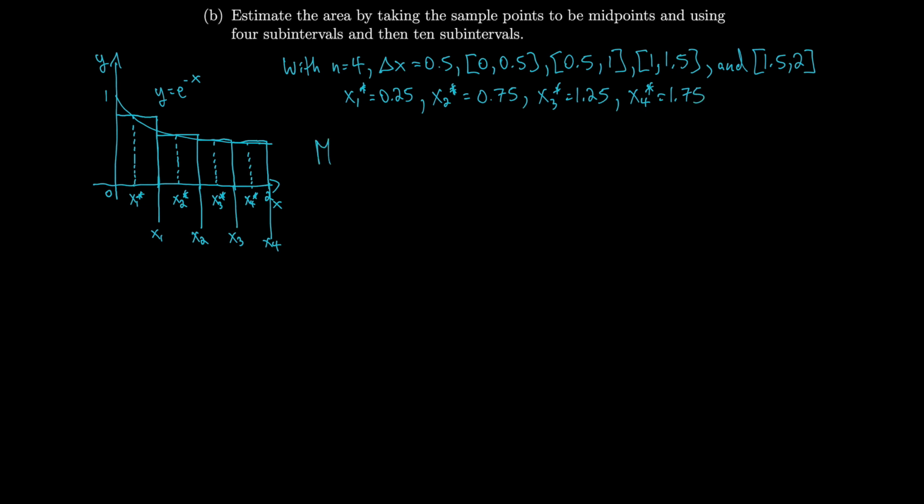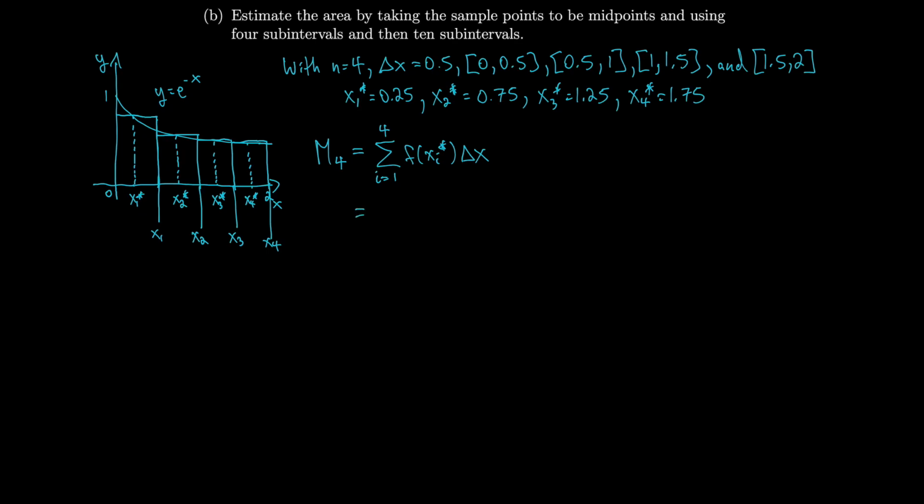So now we can write out M4, our estimate with 4 midpoint rectangles. In sigma notation, that's going to be the sum starting at 1 and going up until 4 of f of xi star times delta x.